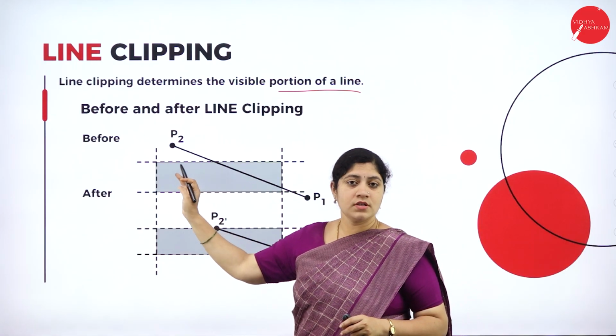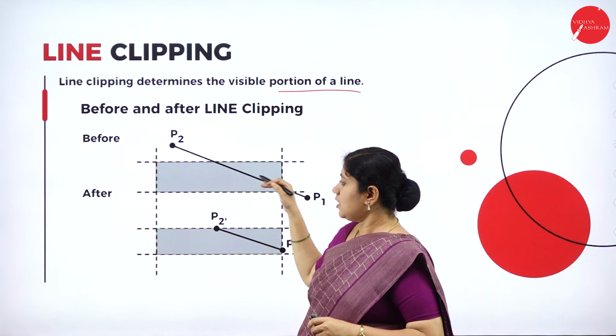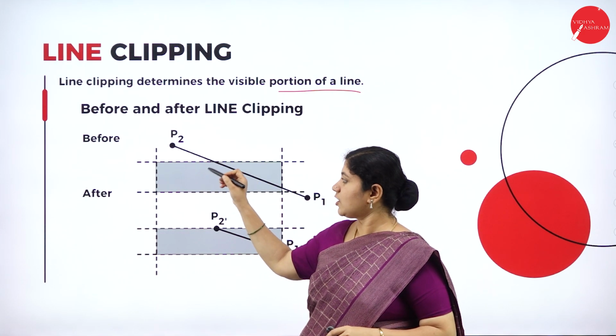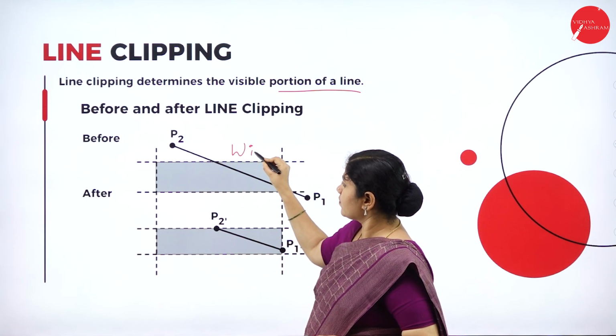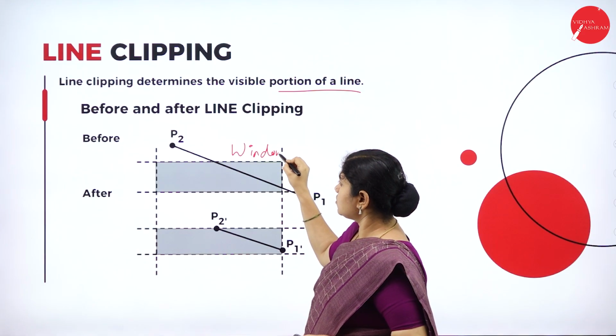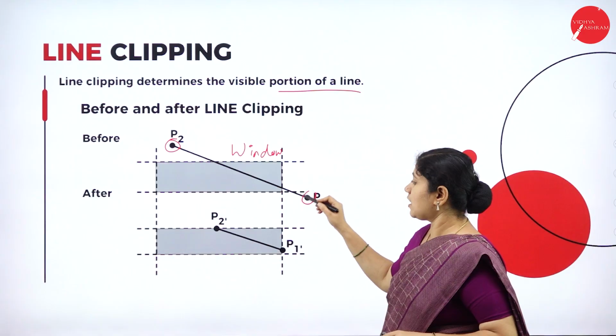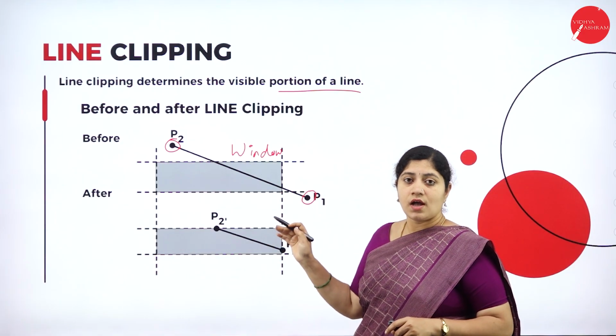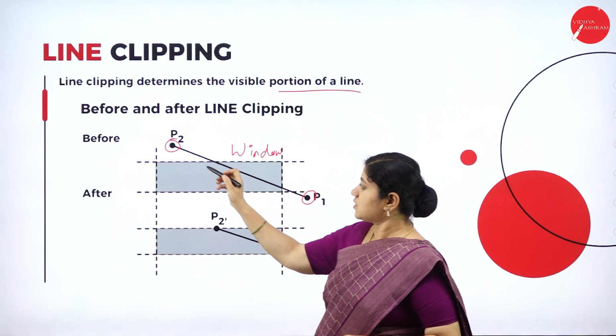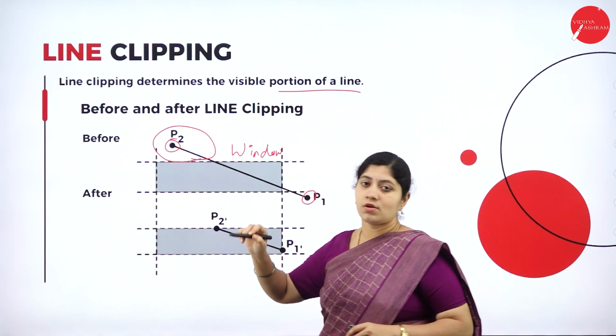For example, this is the image, or we can consider this as a window. In this window you can see a line with points P2 and P1 present. Now, this extra portion of the line is not at all required for us.